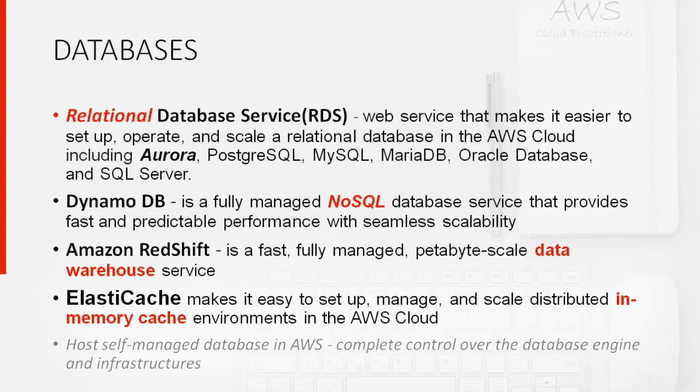Amazon Redshift is a fast, fully managed, petabyte-scale data warehouse service. ElastiCache makes it easy to set up, manage, and scale distributed in-memory cache environments in the AWS cloud. Host a self-managed database in AWS for complete control over the database engine and infrastructure.